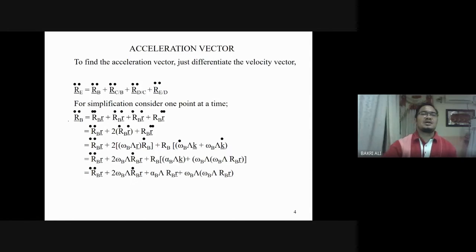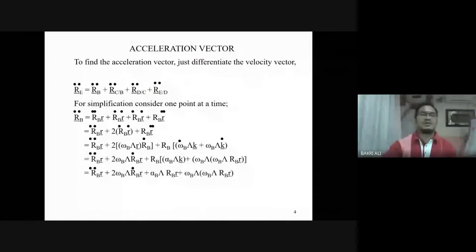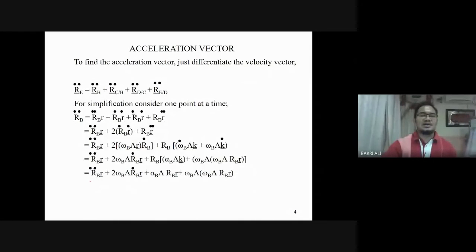The position vector of each link, once we differentiate, we will get these four terms. r_B double dot r is the linear acceleration, again due to the extension of the rigid body, extension or retraction of the boom. And 2 omega_B cross r_B dot r is the Coriolis acceleration.